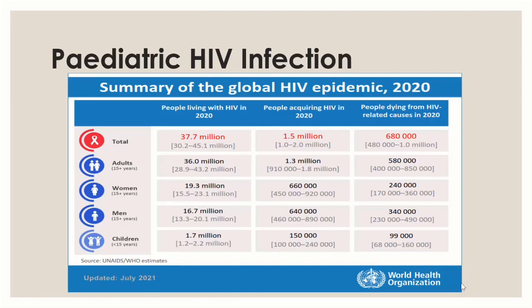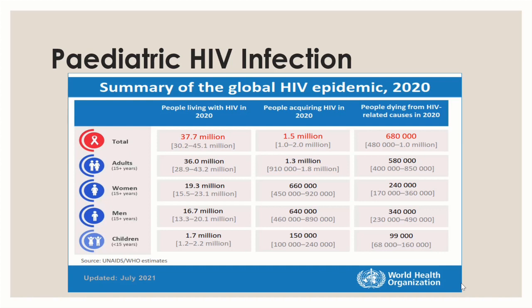The World Health Organization estimated that the number of people living with HIV in 2020 was around 38 million, and people newly infected with HIV in 2020 were around 1.5 million. Of the estimated 38 million people living with HIV worldwide in 2020, 1.7 million were children below 15 years of age.